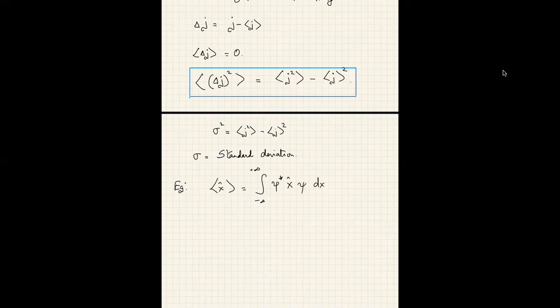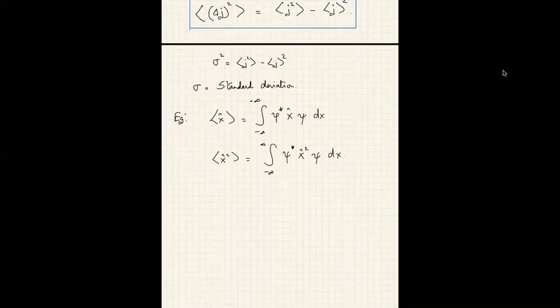And for example, the average of x square is minus infinity to infinity psi star x square acting on psi dx, okay? Anyway, so on and so forth. You know how to calculate this, and the sigma square, which is delta x square, is nothing but x square average minus x average square.